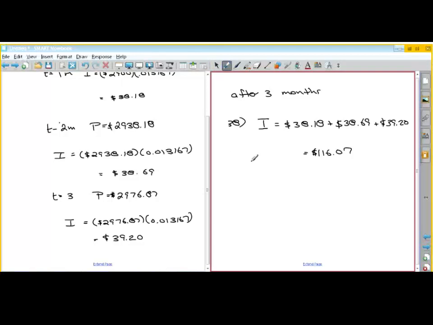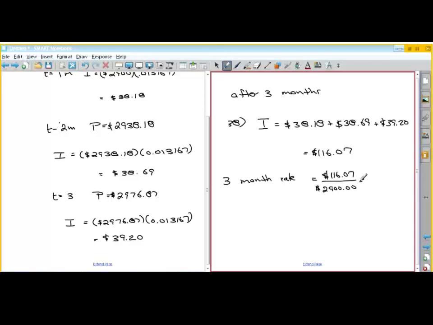Okay, now it says treating 3 months as 1/4 year, find the equivalent simple interest rate. So what I do is my 3-month rate is going to be equal to the interest that I accumulated over 3 months divided by the amount that I borrowed.